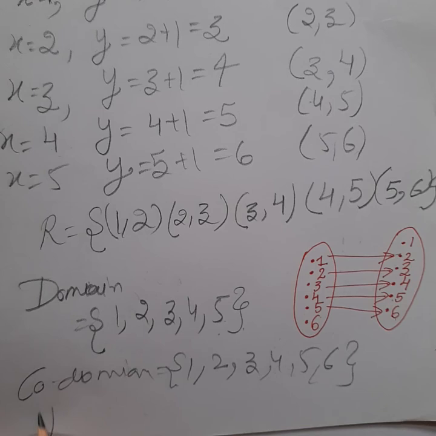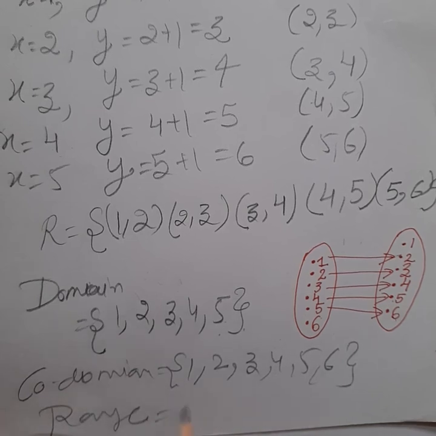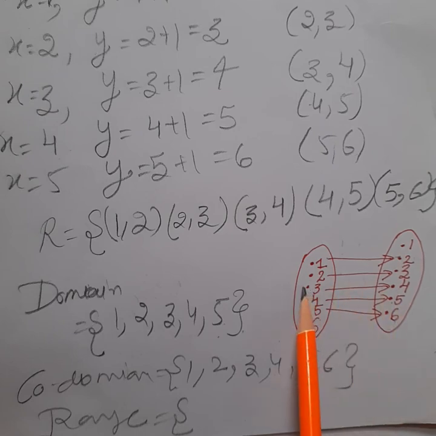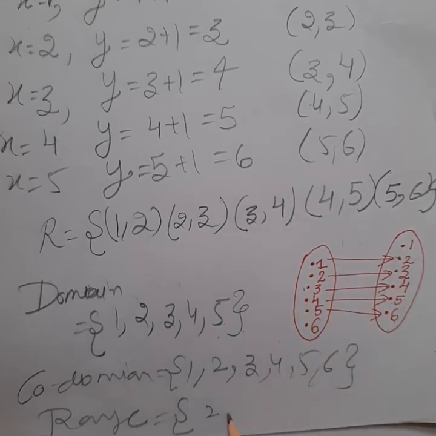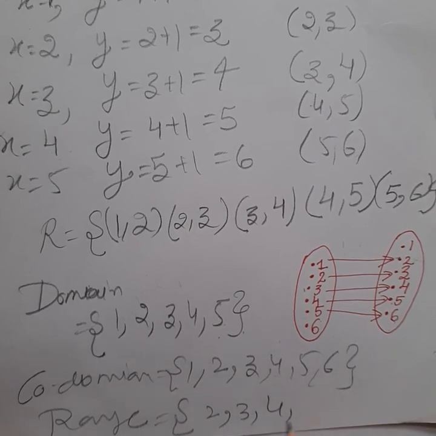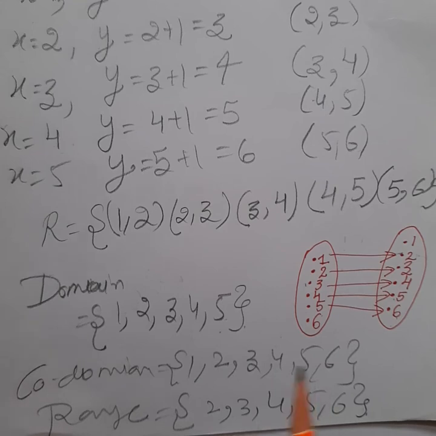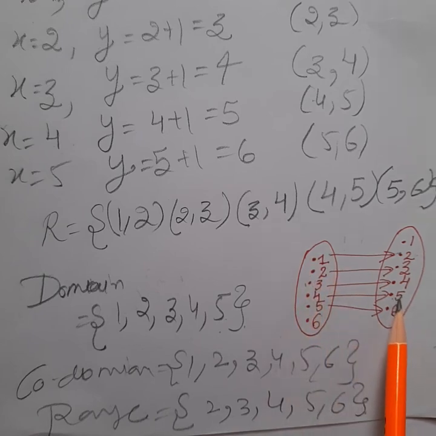Now what is the range of the function? The range is those elements which we get as related from the domain elements, so the range is 2, 3, 4, 5 and 6. The domain is 1, 2, 3, 4, 5, the elements which have a relation with other elements.